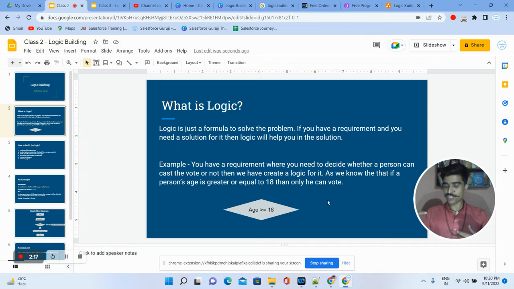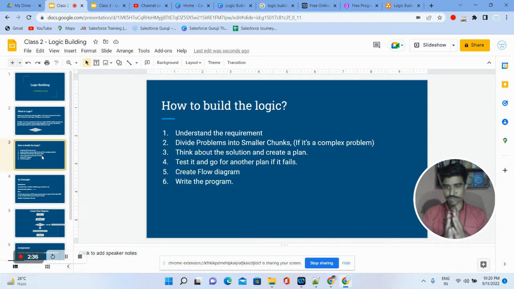In that situation, this thing will automatically be in front of you, that if the person is 18 years old, then definitely he can cast the vote. So this is how we need to think. Now, how to build the logic? This is a simple explanation that I'm giving to you.